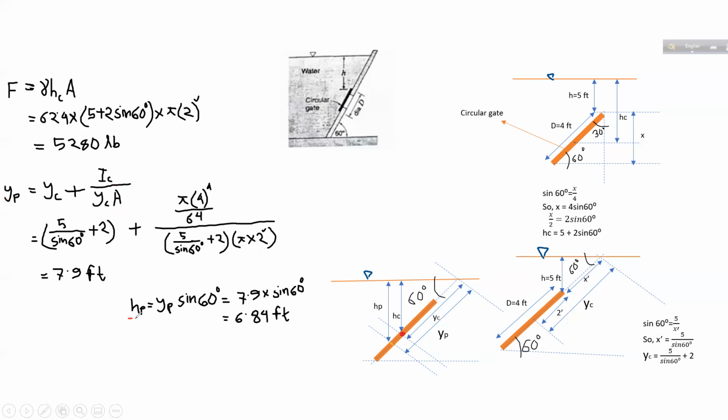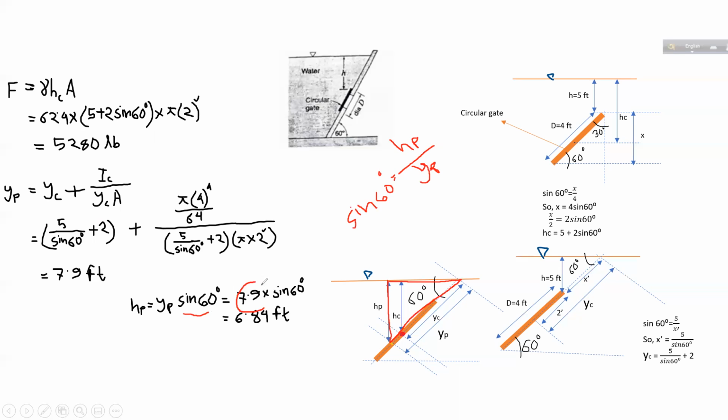Now we have to find the value of HP. I have already mentioned what HP is. If you look here, you can consider a triangle here. So we can write sine 60 degrees is equal to HP by YP. So HP will be equal to YP sine 60 degrees.